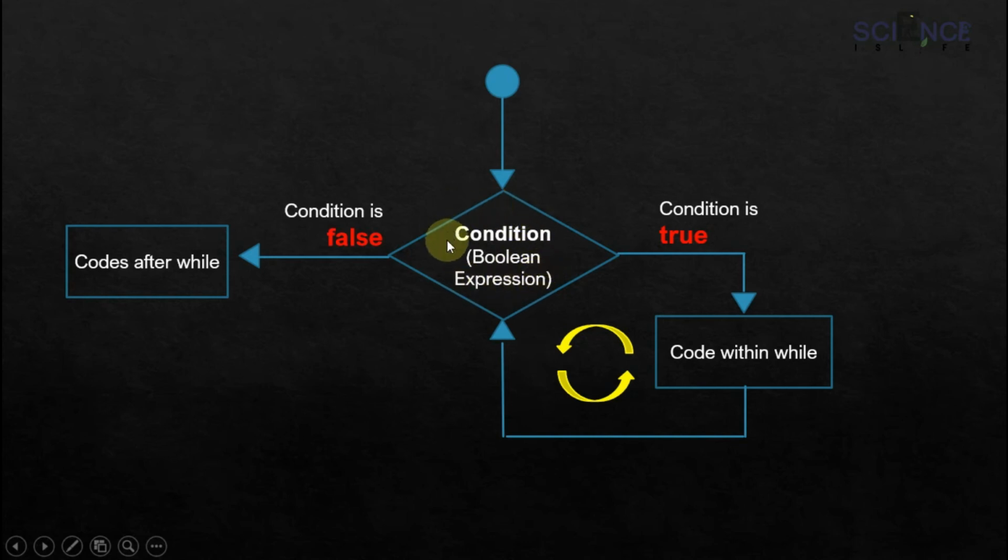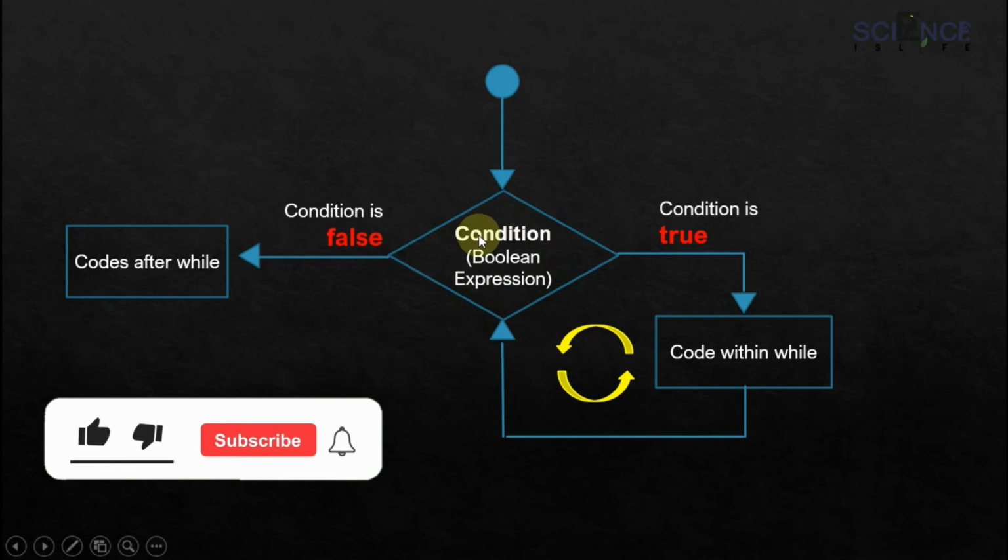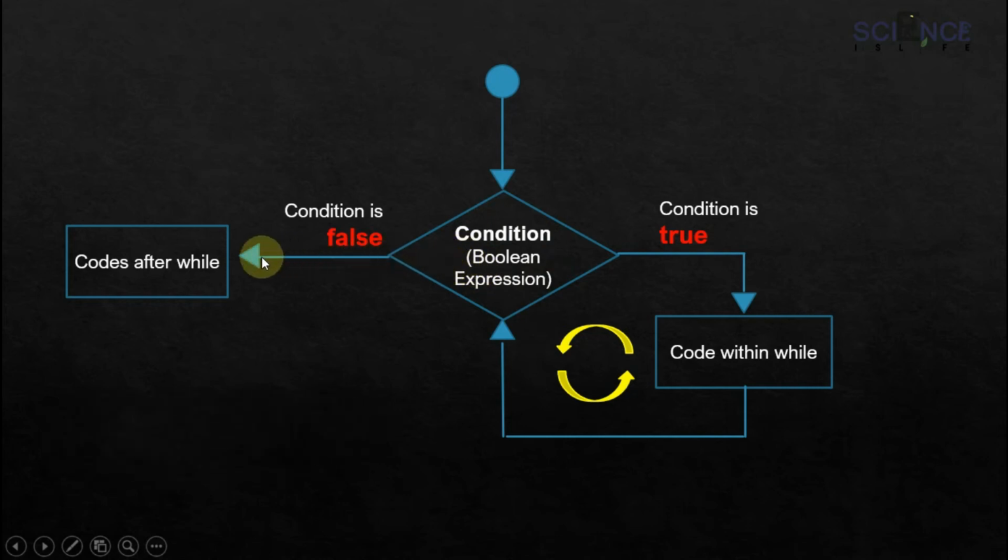So first, when we reach a while loop, the compiler checks the condition whether it is true or false. If it is false, it doesn't jump inside of the while loop. It executes the code after this while structure, right?